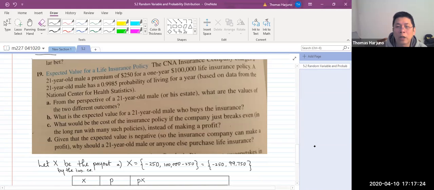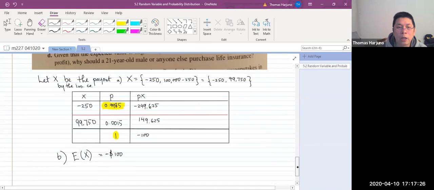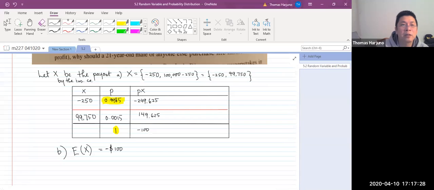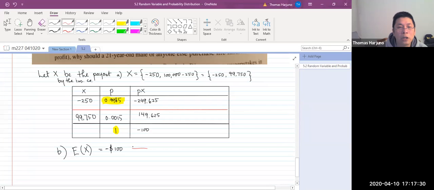So here's what happened in part B. This is the expected value for an insuree. I think I should say the insured person. Okay.